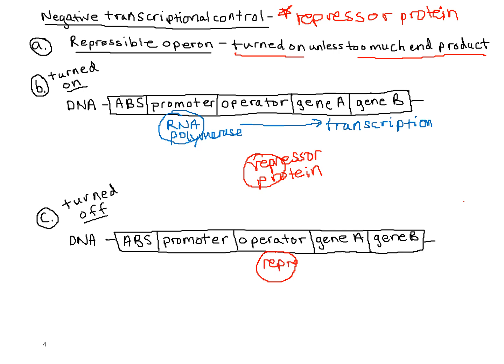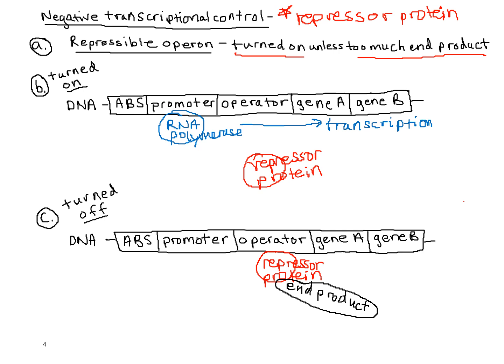Here's our repressor protein, and here's our end product, maybe tryptophan or something. When we get too much end product, it binds to the repressor protein. That's going to change its shape, and now the repressor protein can bind to our operator.